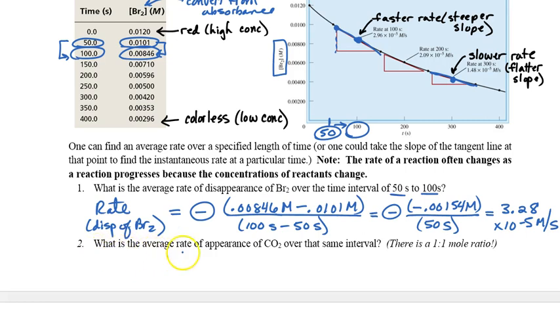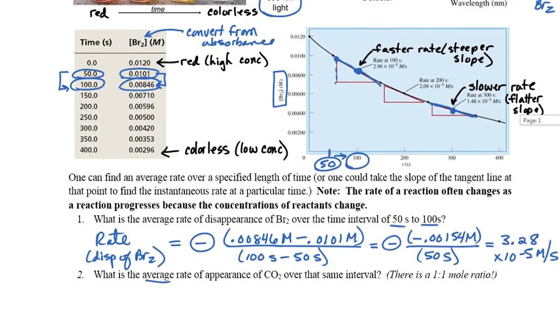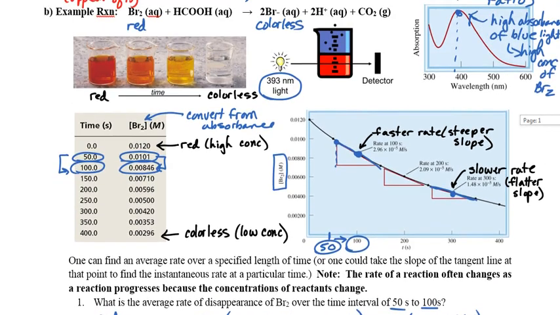Now, what if they asked you for the average rate of appearance of CO2? We're just going to go over the same time interval. Now, we don't really even have to make a calculation, because look at the mole ratios. Let me go back up to the top. We need to look at our reaction.